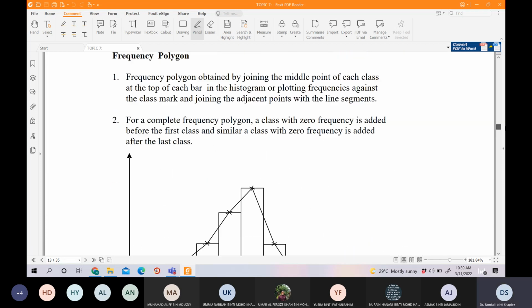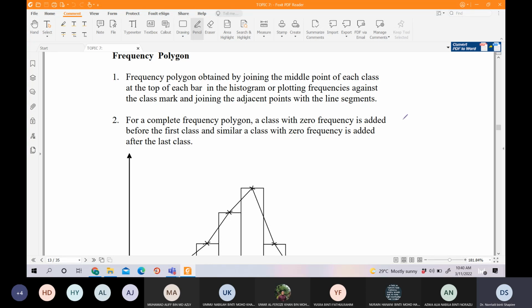Are we done for the frequency polygon? Do you hear me? Frequency polygon not yet, Doctor. Not yet? Okay, so I proceed with the frequency polygon.